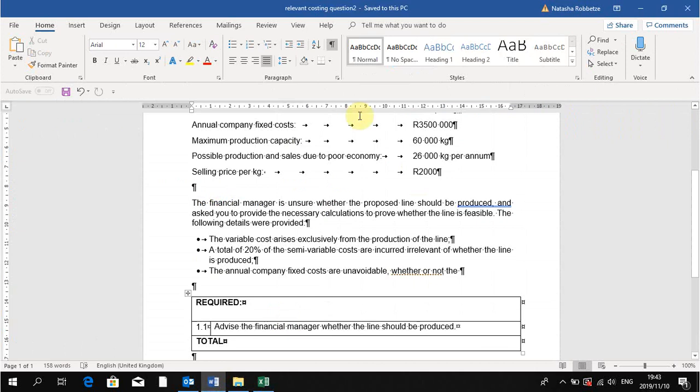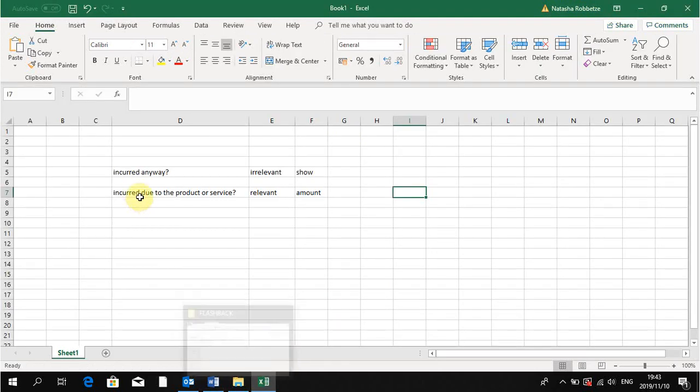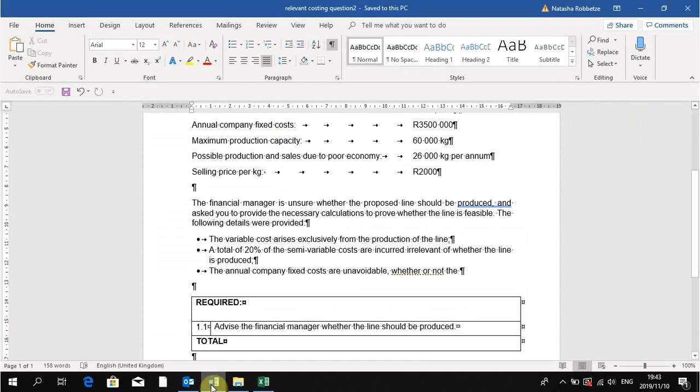So if we go back to the additional information, it says variable cost arises exclusively from the production of the line. So variable cost is incurred exclusively because of this product line. So that will make it a relevant cost.